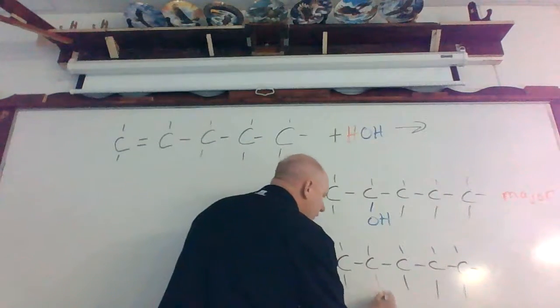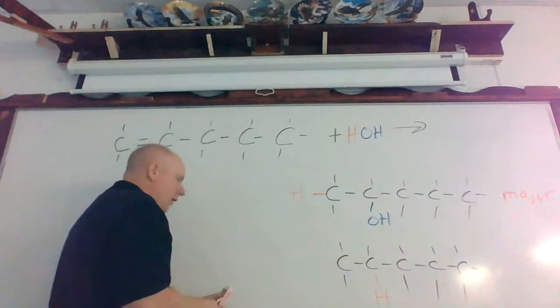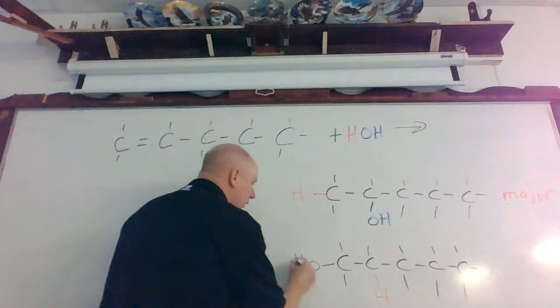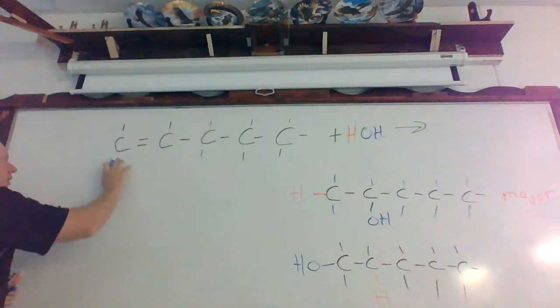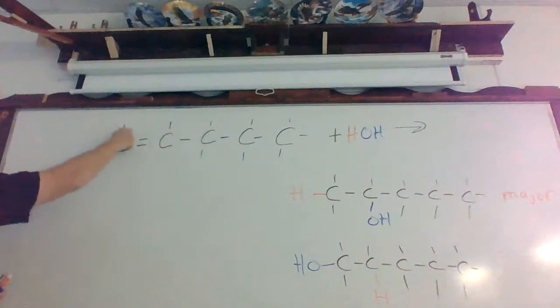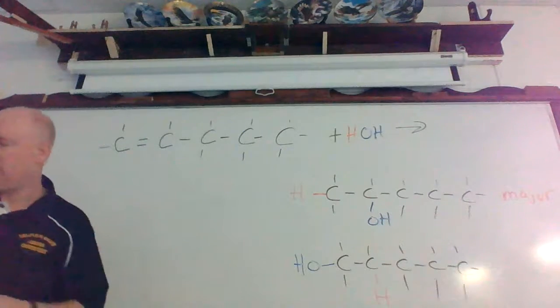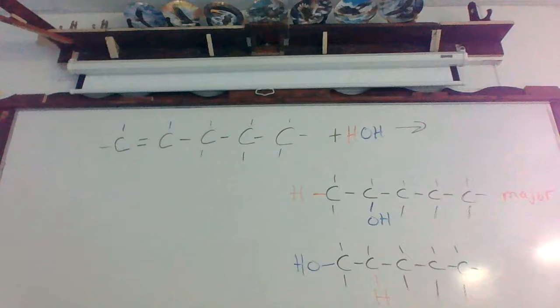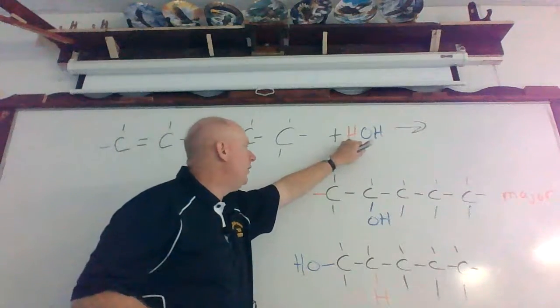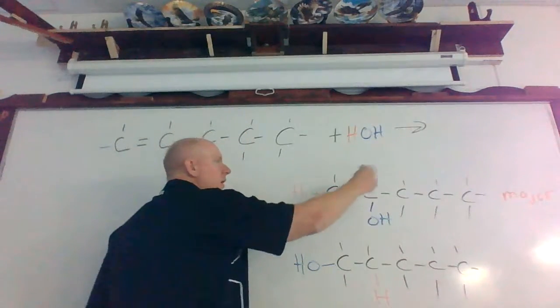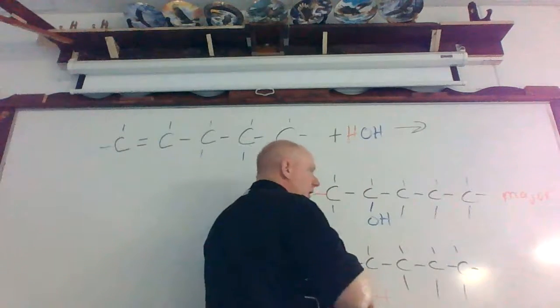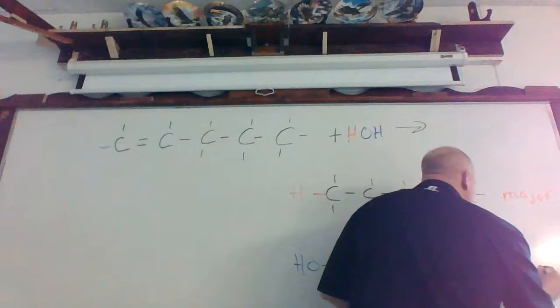The hydrogen goes down there, and then the OH gets attached onto there. So it really doesn't matter, like we said, if you had started with the hydrogens on there, that's fine. Just know that there are two hydrogens on that first carbon, so that when this proceeds, according to that rule, this hydrogen attaches to the carbon that already had the most, which is this one, making that the major product, therefore making this one the minor product.